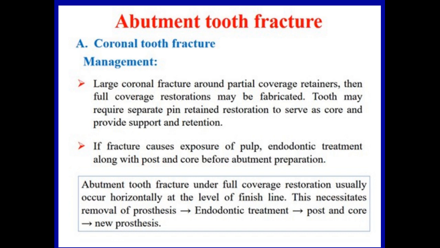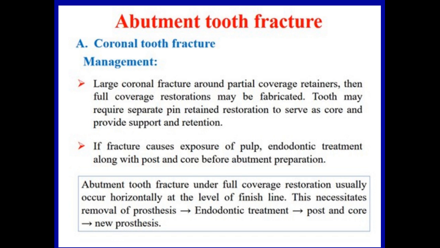If the fracture of the coronal tooth structure exposes the pulp, the management of these complications includes endodontic treatment, post-anchor build-up, then abutment preparation for a crown or for a full coverage retainer of the FPD.